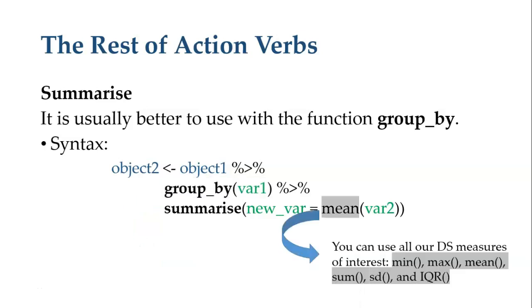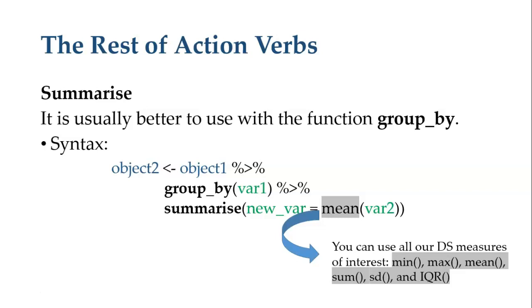Okay, the other thing is that as I said, you can use here these descriptive statistics that are very useful. You can use the mean, the minimum value, the maximum value, the sum of the scores or the values of that variable, the standard deviation, and the interquartile range.